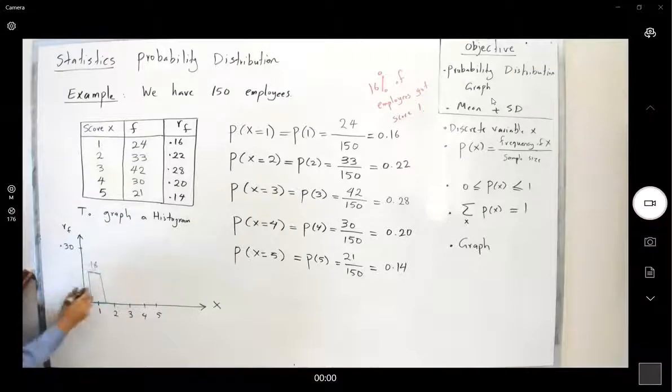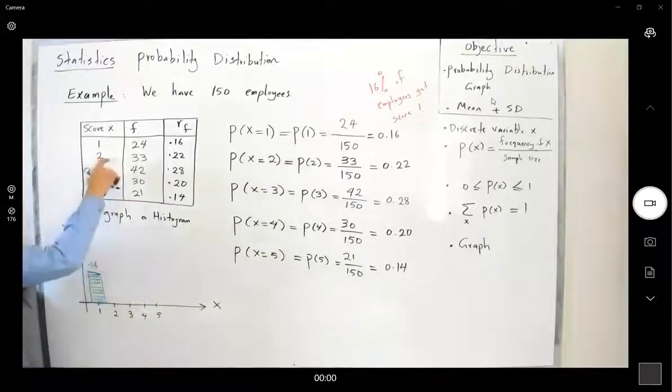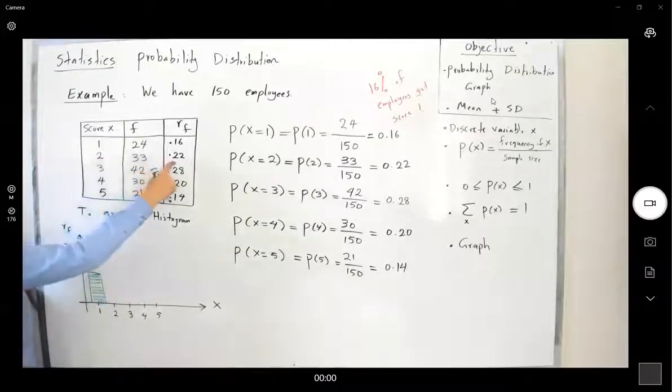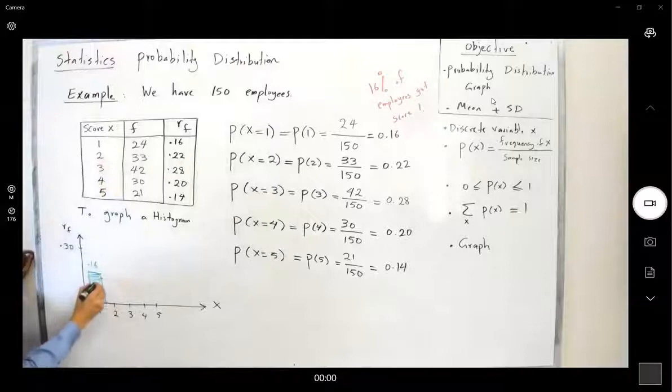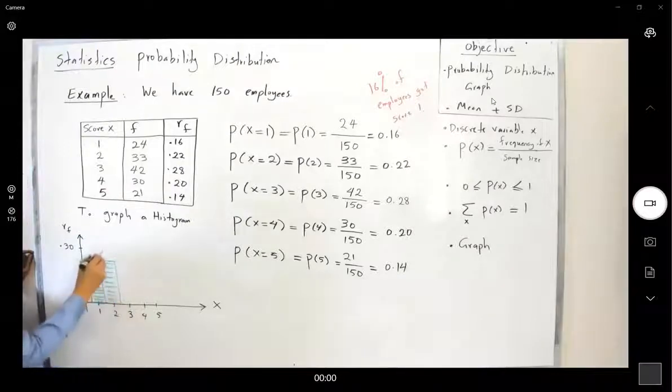So 0.16. This is the first bar for your histogram. The second category has relative frequency 22%. 2 is the representative for the second category, so we're going to go a little bit up. And 2 as the representative for this class, 22%.